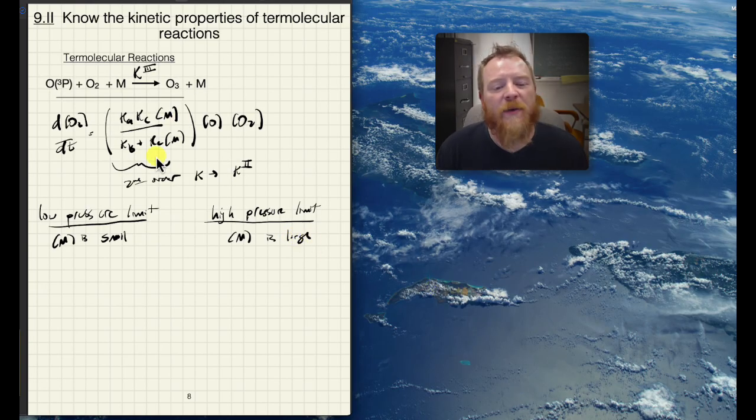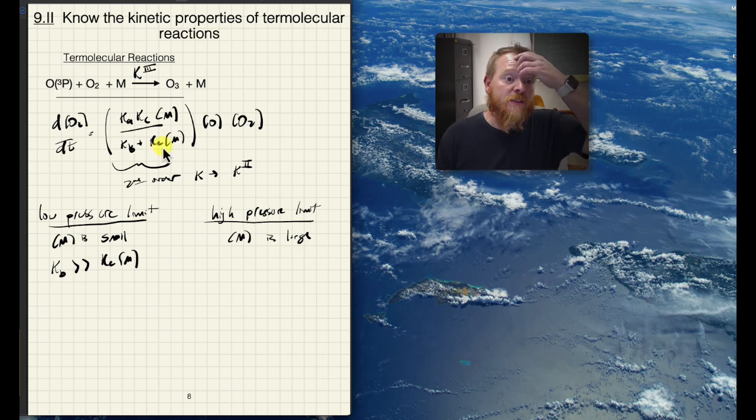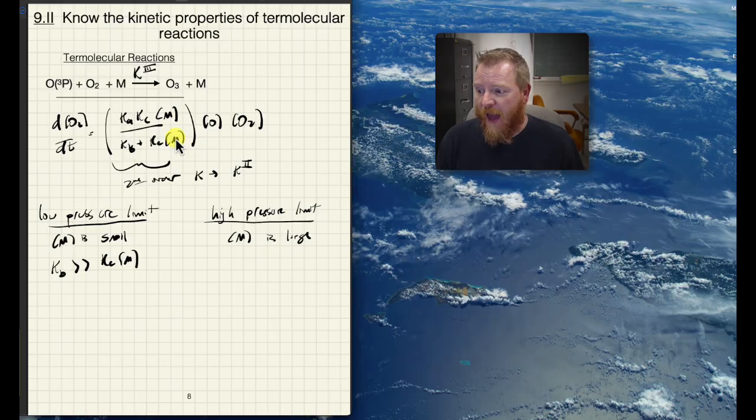And so what that means for this expression, if I start comparing these rates, Kb is going to be much, much greater than Kc times M, because M is small. Thus, we can ignore Kc times M, and what we end up with in the low pressure limit is the following: dO3/dt.